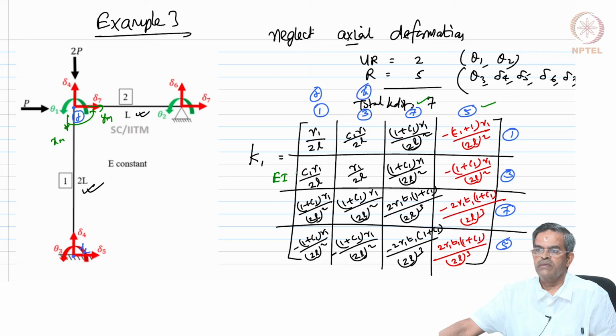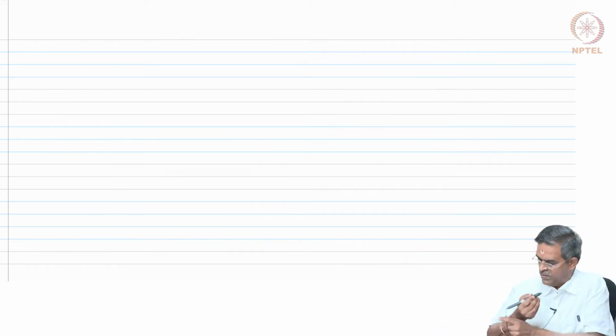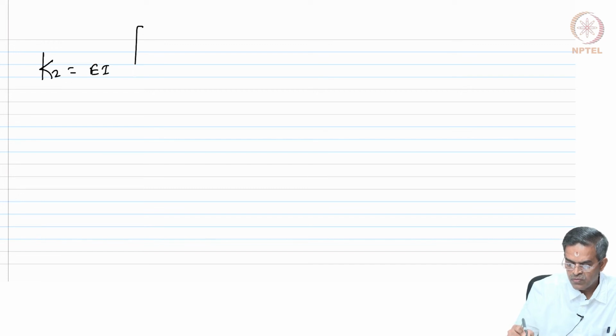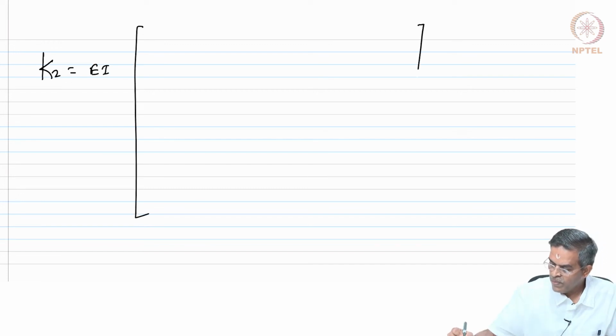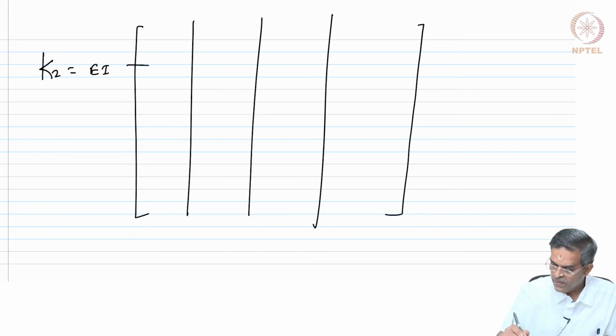Okay. The next one is for the second member K2. So, let us do it for the member K2, which is again EI times a 4 by 4 matrix.